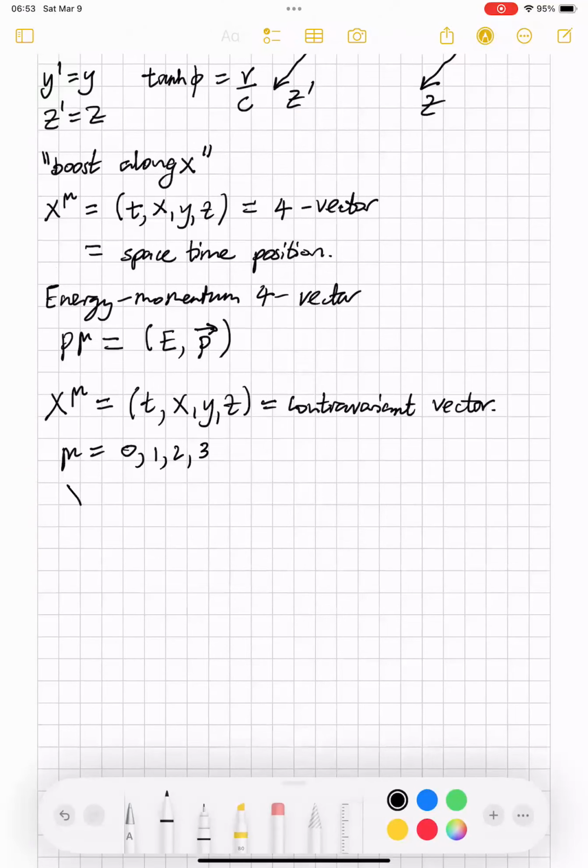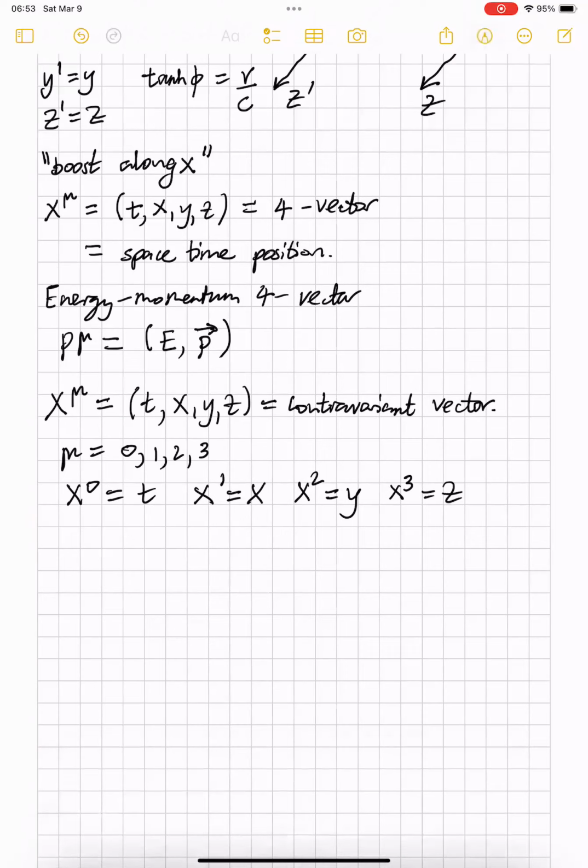In particular, x0 would be t, x1 would be x, x2 would be y, and x3 would be z. So this index mu just indexes the different components inside this vector.